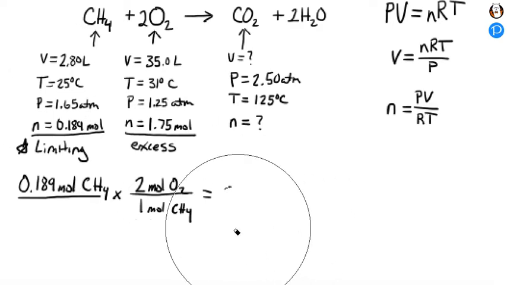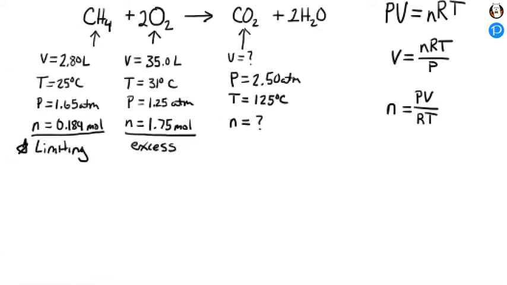So let me make a little more room here. Okay, coming back. Really, we don't have to do any math here because look, this is a 1-to-1 molar ratio, meaning for every mole of this I use, I'm going to have 1 mole of this.